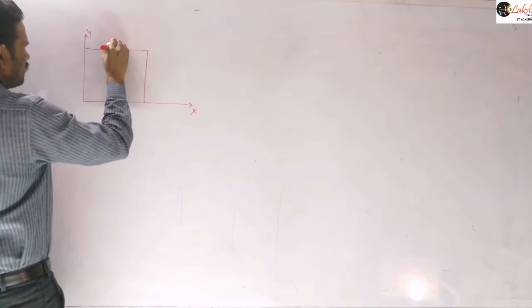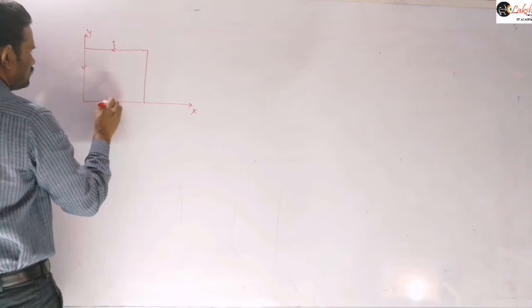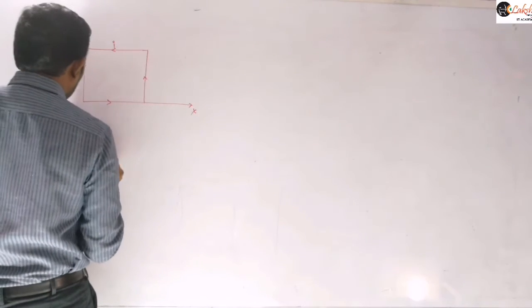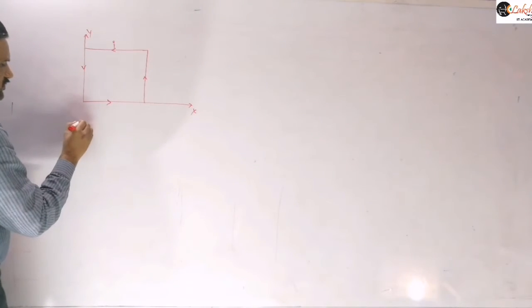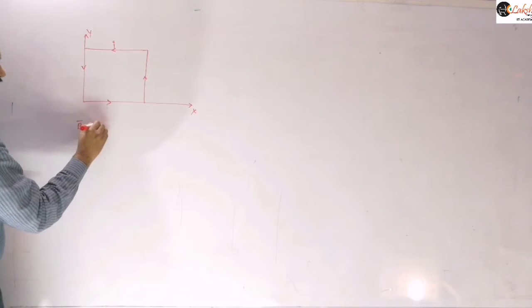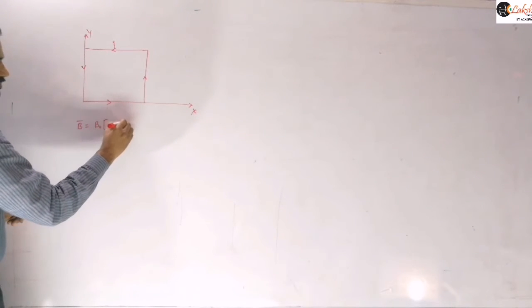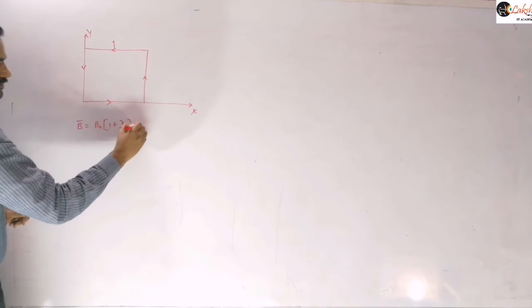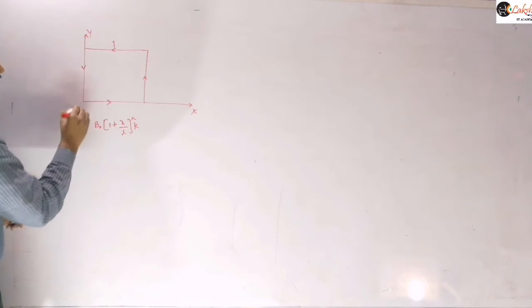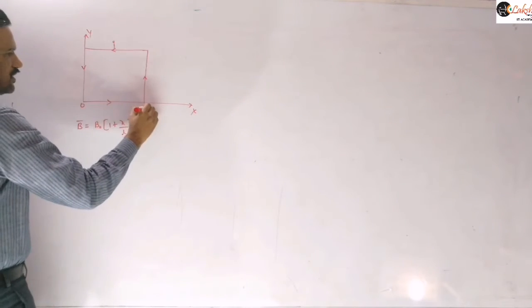If current is flowing like this, the magnetic field is varying according to B bar is equal to B naught into 1 plus x by L k cap, right? So this is O, A, B, C.